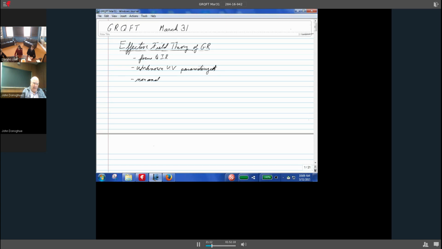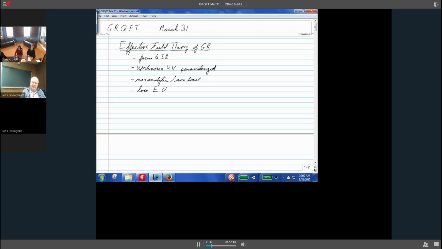In the infrared, we were looking at non-analytic stuff, which in position space is non-local. So we're interested in that.